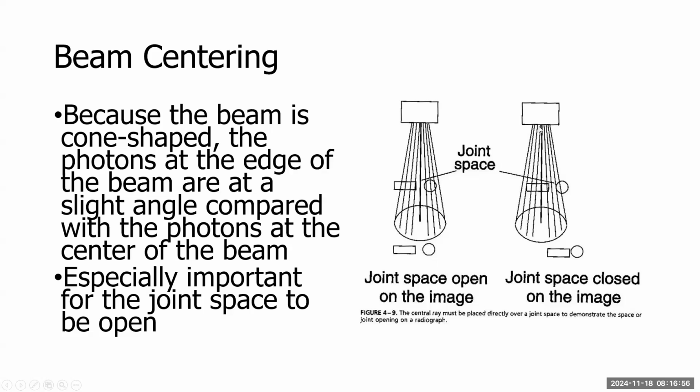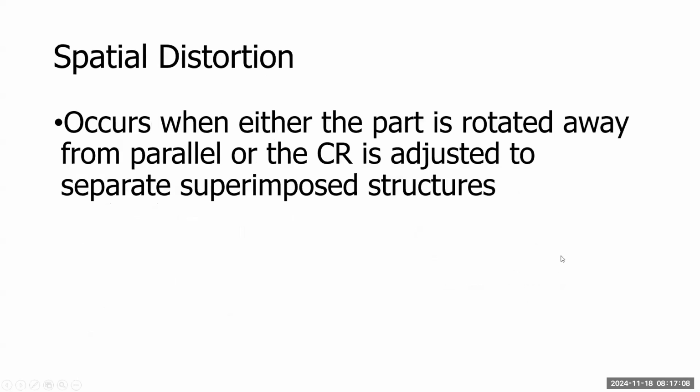When you are off center of the joint space, those photons that are striking it at a slight angle, not the most perpendicular, will image so that the joint is closed up. That's the reason why we are so particular about where the central ray enters a joint, whether it be wrist or toe or finger or whatever. We want it to be open.